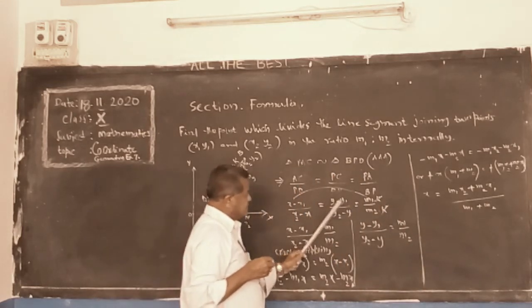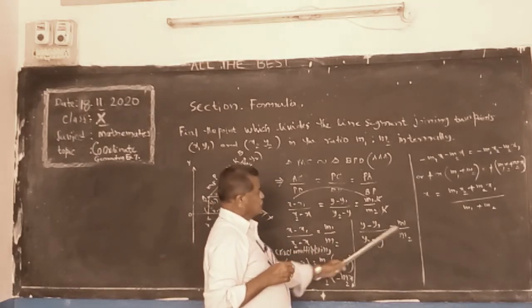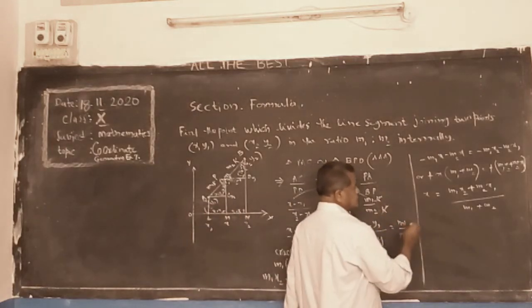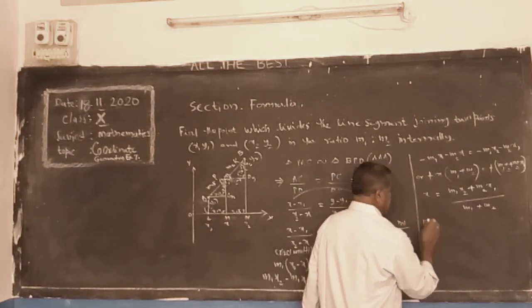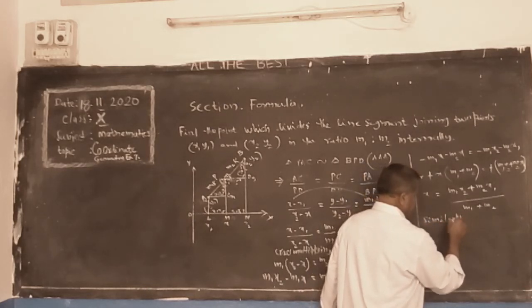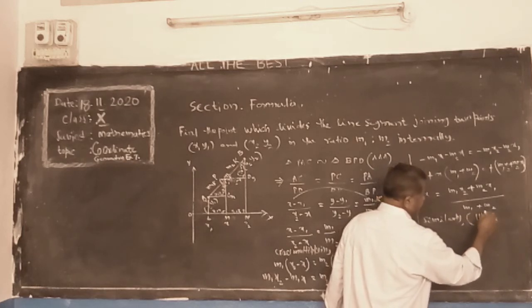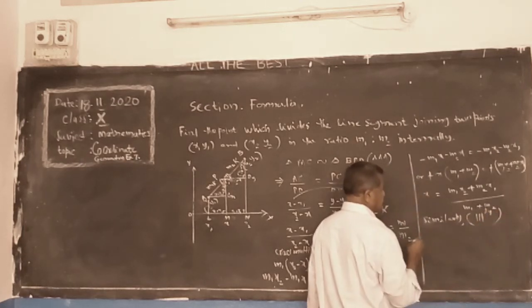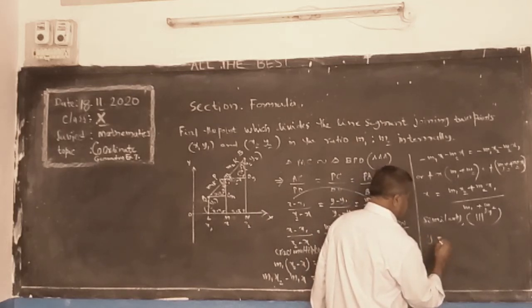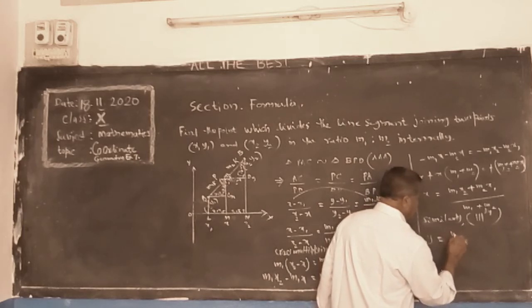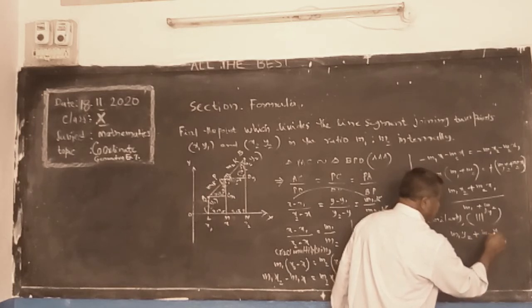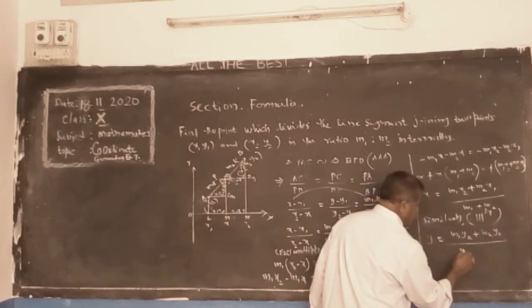Similarly, by taking the second ratio, we can find y is equal to (m1 y2 plus m2 y1) by (m1 plus m2).